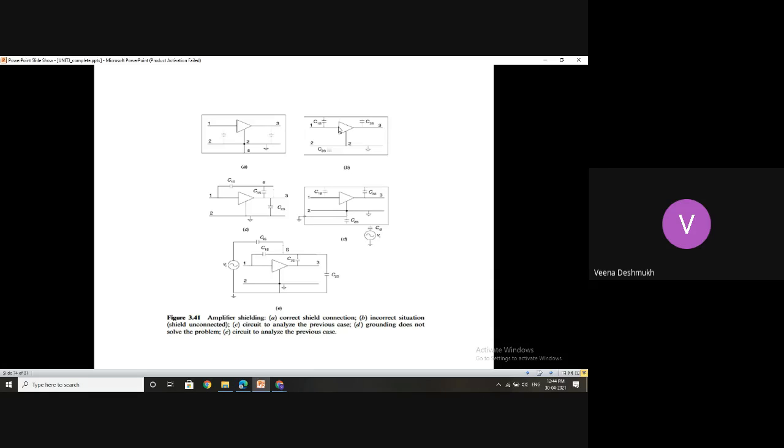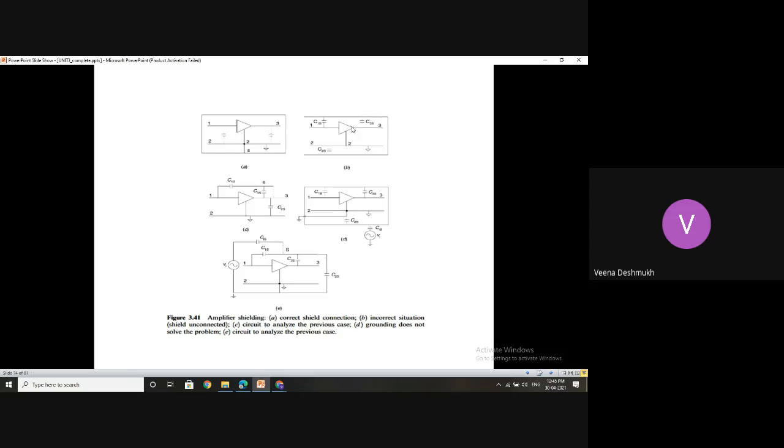Now the next one is the same circuit. If the shield is not connected to ground properly, then what happens? Here these conductors are connected to ground, but the shield is not at all connected to this common ground. Now what happens due to this? Between the shield and each one of the conductors, there is a capacitance getting developed.